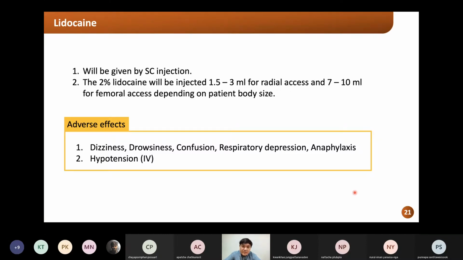So the doctor may inject 7 to 10 milliliters into the groin area. But anyway, the dose of lidocaine also depends on the patient's body size or weight.